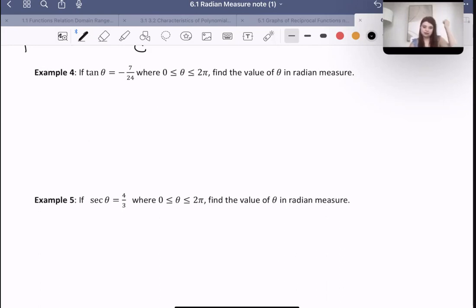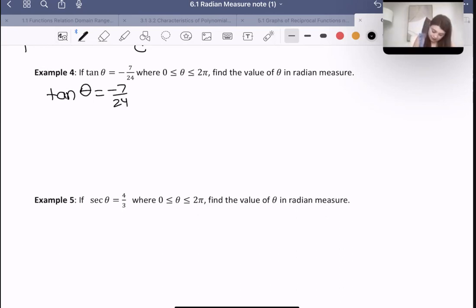Well, let's see. We know that tangent theta is -7/24, right? So what does that tell us exactly? We know that tangent theta is equal to -7/24, which means that theta is what?